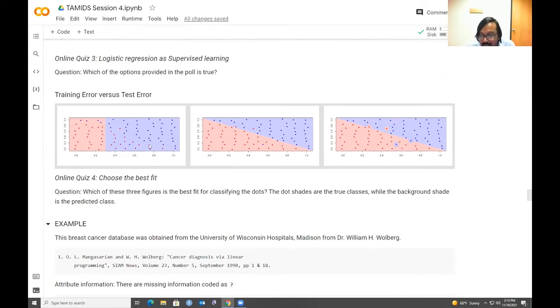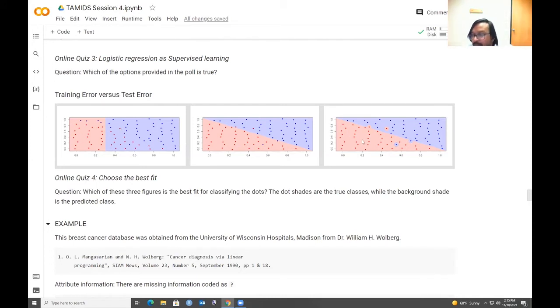Just to understand these figures, we have some dots, and the color of the dots corresponds to the actual classes. The background of the dots shows the predicted classes. For example, right where my cursor is in the left plot is a red dot which has a blue background. That means this red dot has been misclassified into a blue class.